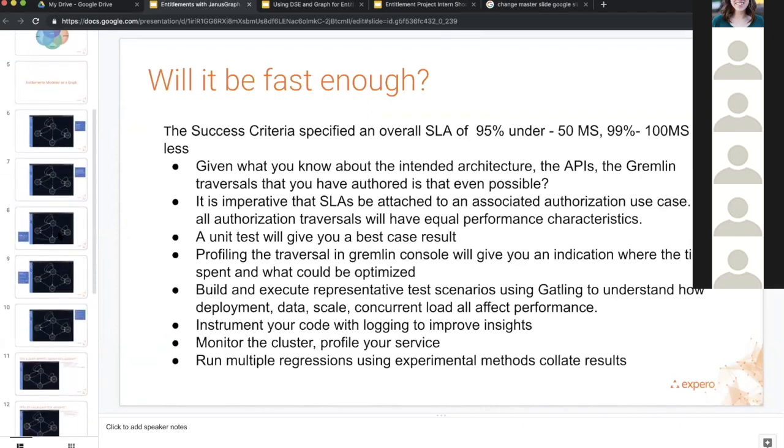So projecting authorization and access control onto a similar graph model, not this exact graph model, but a similar graph model, to meet the SLAs. These SLAs are used by an API gateway, a consumer-facing API gateway, to test what resources a particular identity has access to.